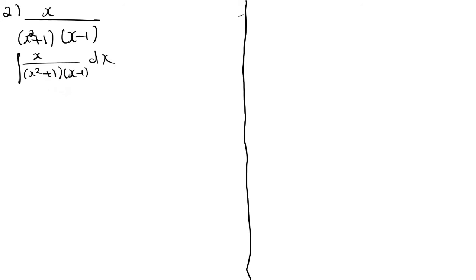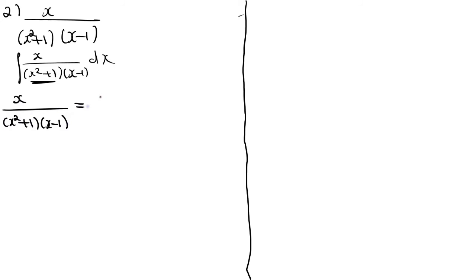Okay, but see here x minus 1 is there, here x square plus 1 is there. Further factorization is not possible for x square plus 1, right? So we know it is in the form, consider this one, x divided by x square plus 1 into x minus 1.